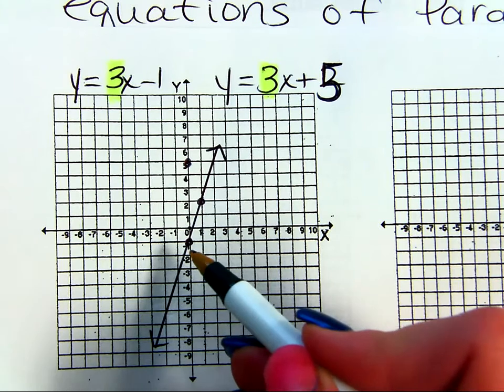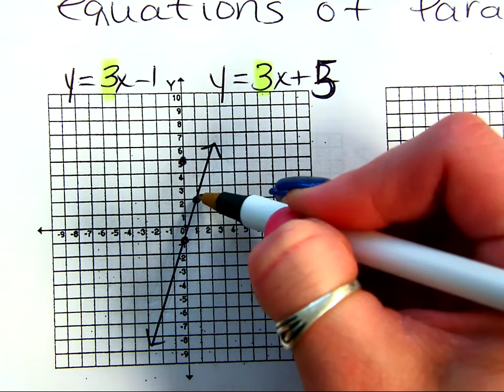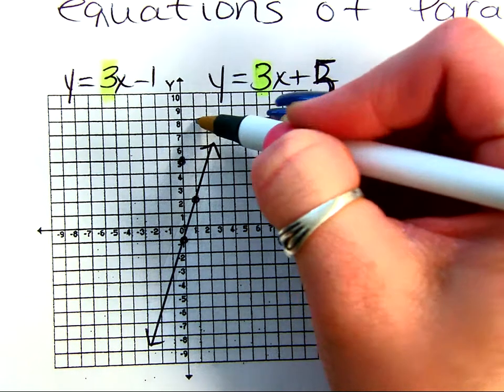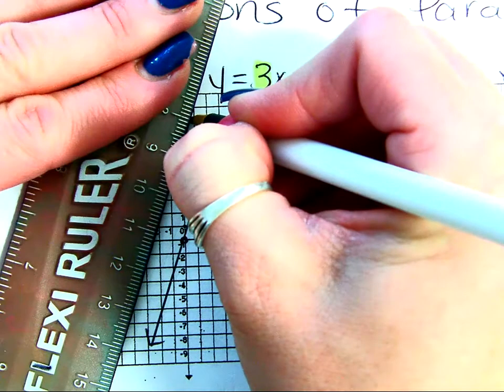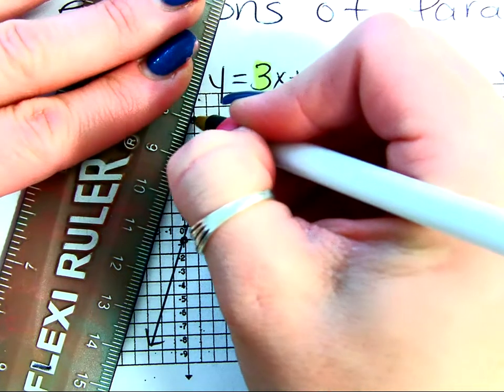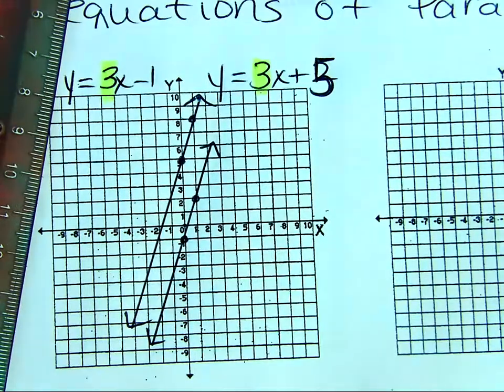By default, if I start at negative 1 and go up 3 over 1, and start at 5 and go up 3 over 1, then these two lines are never going to meet. They're never going to intersect. They are parallel to each other because they have the same slope. And lines that have the same slope are never going to intersect.